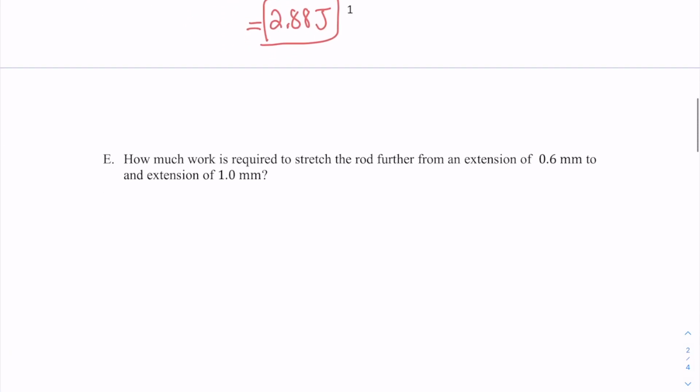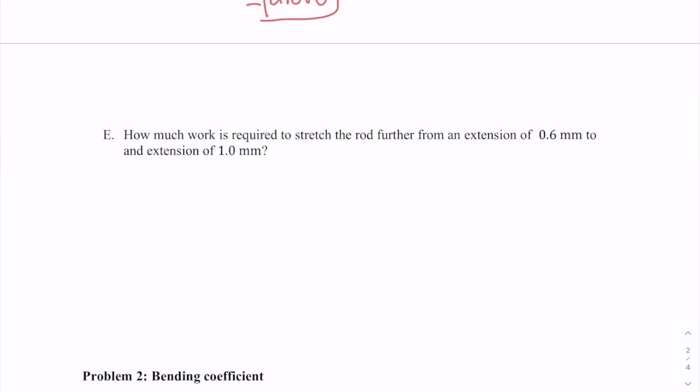Now, how much work is required to stretch the rod further from an extension of 0.6 millimeters to an extension of 1 millimeter? This is the part where I'm a little unsure about, just to be fully transparent.